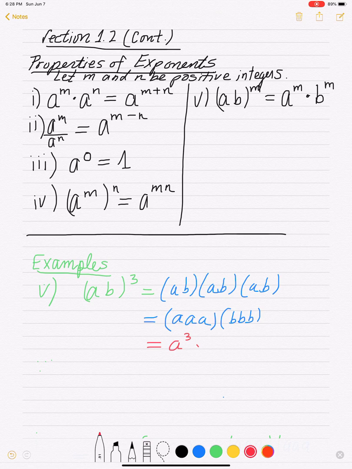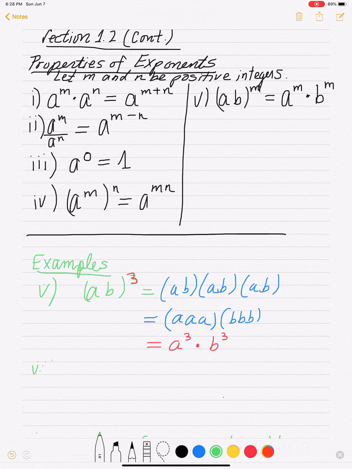And a fancy name for triple B is what? B to the 3rd. So notice our final outcome here is a to the third, b to the third. So essentially what we've done, we've taken this exponent of 3 and distributed it over the a and over the b. So that's basically what property 5 is getting at. I've shown it here, example 5, how that precisely works out.